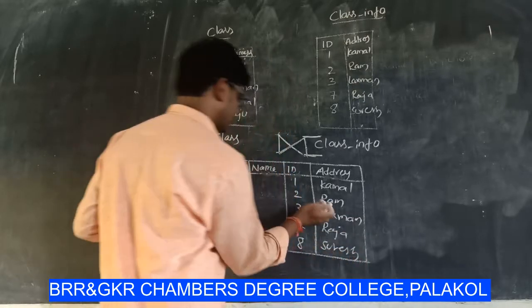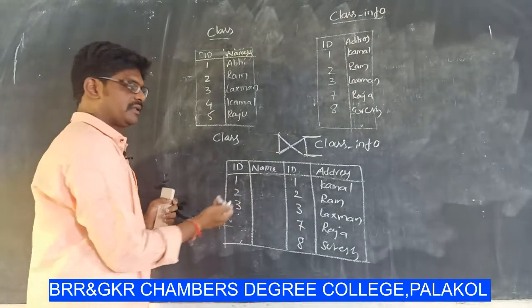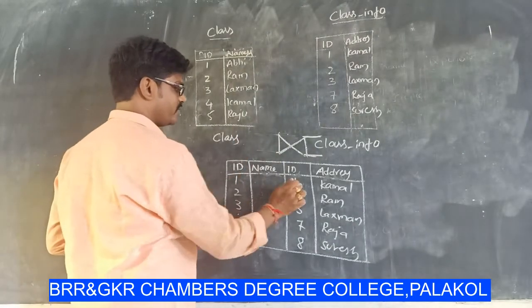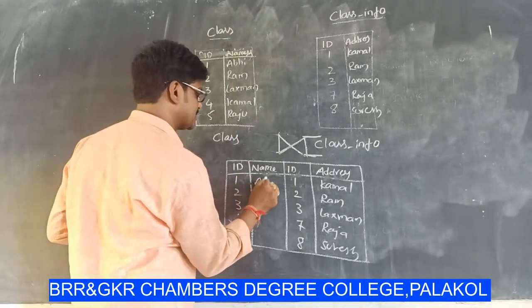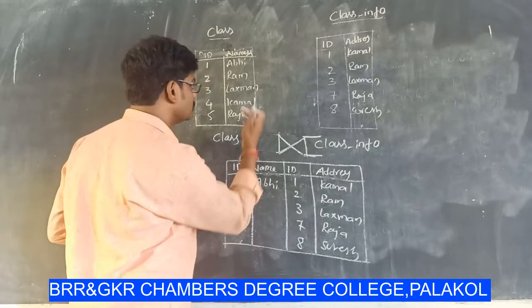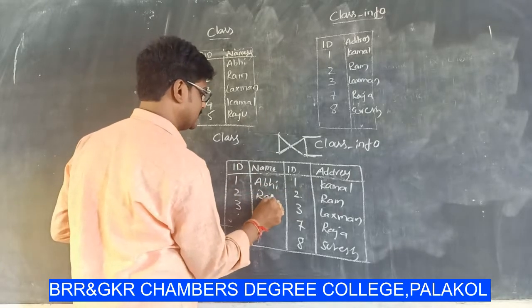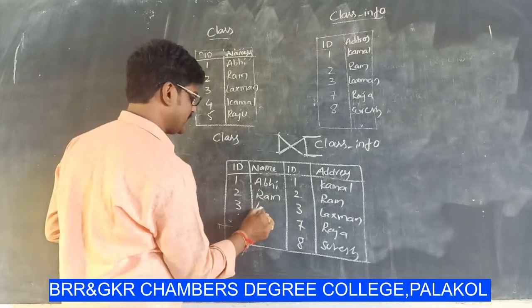The matched columns are 1 and 1, so it displays; 2 and 2, it displays; 3 and 3, it displays.